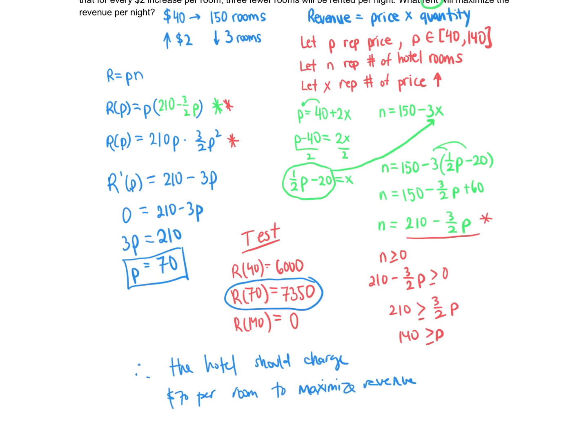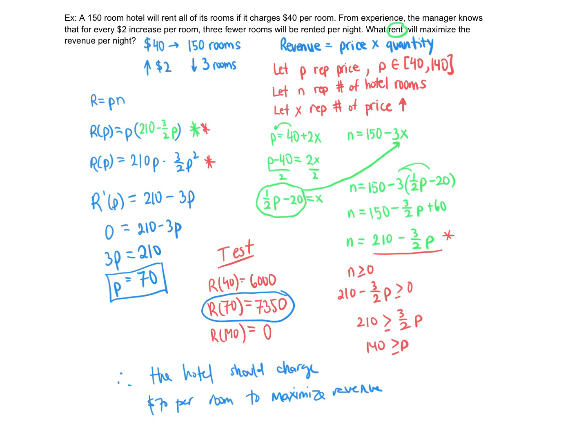So, just to recap here, we found our revenue equation by doing price times the number of hotel rooms. Now, I wrote individual equations for price and number of hotel rooms, but I wanted my revenue equation to be all about price, all in terms of P, not in terms of X, not in terms of N, because we were trying to maximize the revenue and we were asked to find what rent would do that.